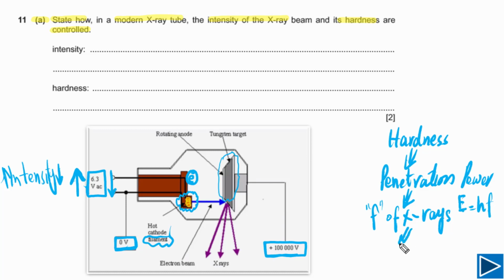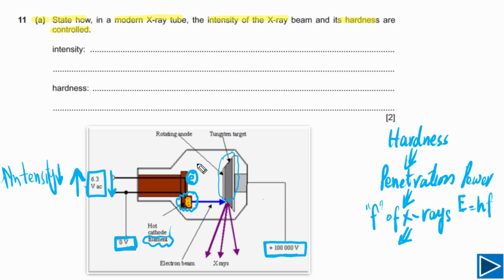Now the question is how we can give more energy to X-rays, how we can produce more energetic X-ray photons, and that depends on the acceleration of electrons emitted from the filament. If we apply a higher voltage between cathode and anode, as you can see here, this potential difference between cathode and anode, then these electrons will gain higher kinetic energy, meaning the speed will be higher.